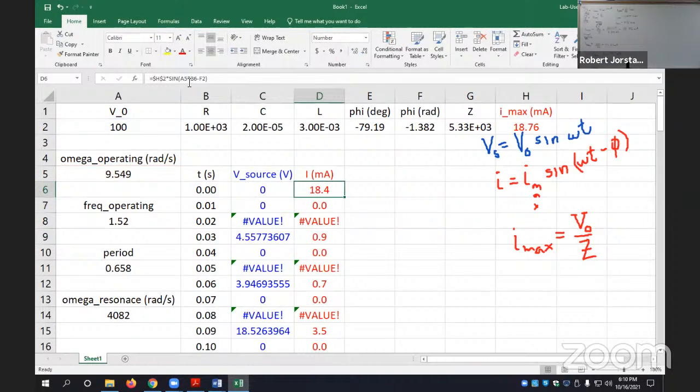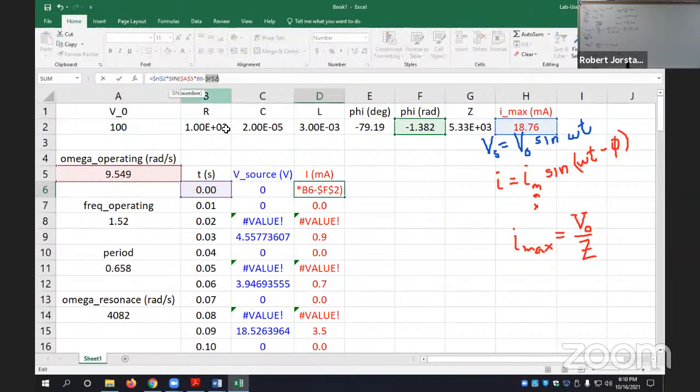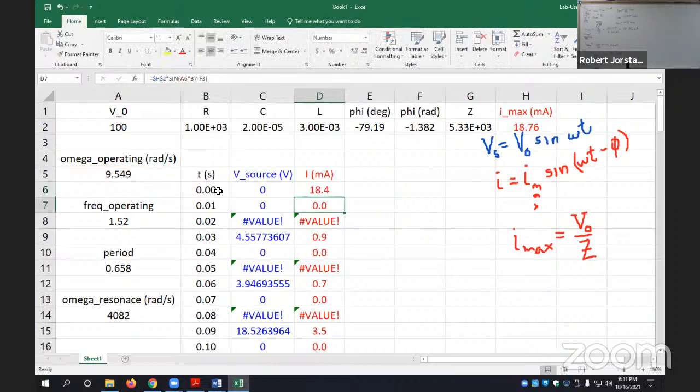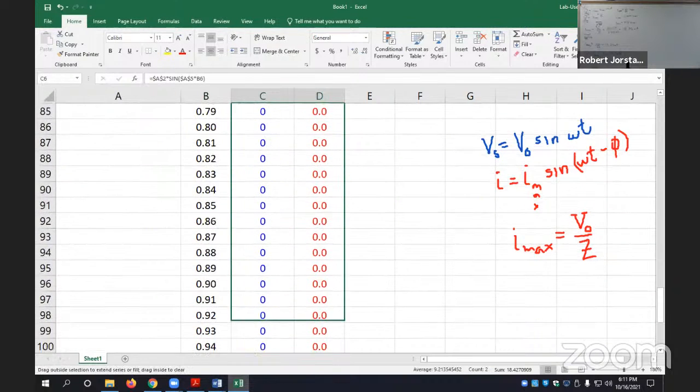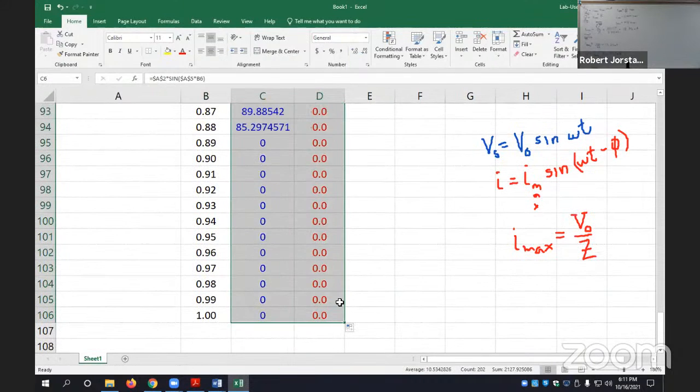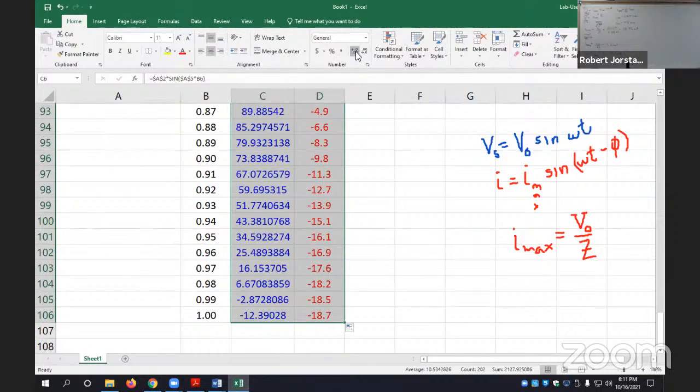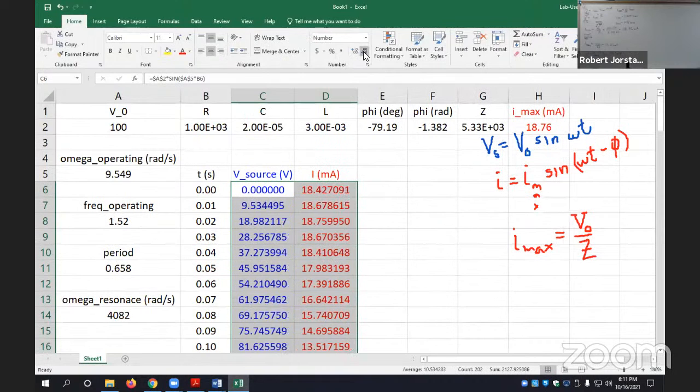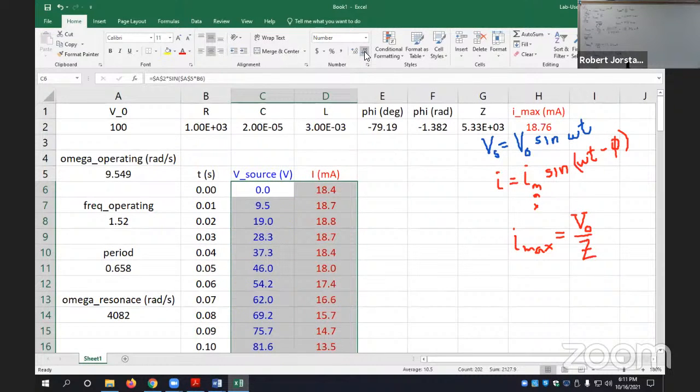And over here, that omega also needs the dollar signs, and so does this one. Here's a case where naming your variables probably would have been smart. So now we can fill these down and hopefully it does a little better. There we go. And we got way too many sig figs there. Let's just fix this.